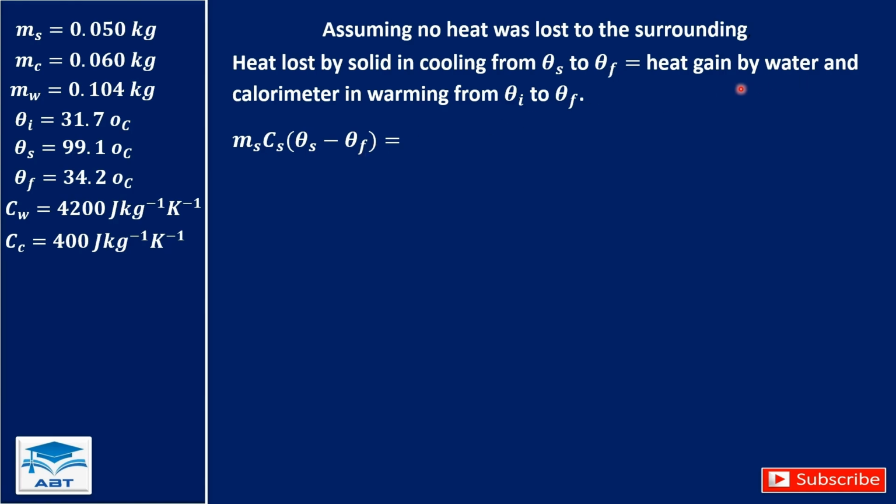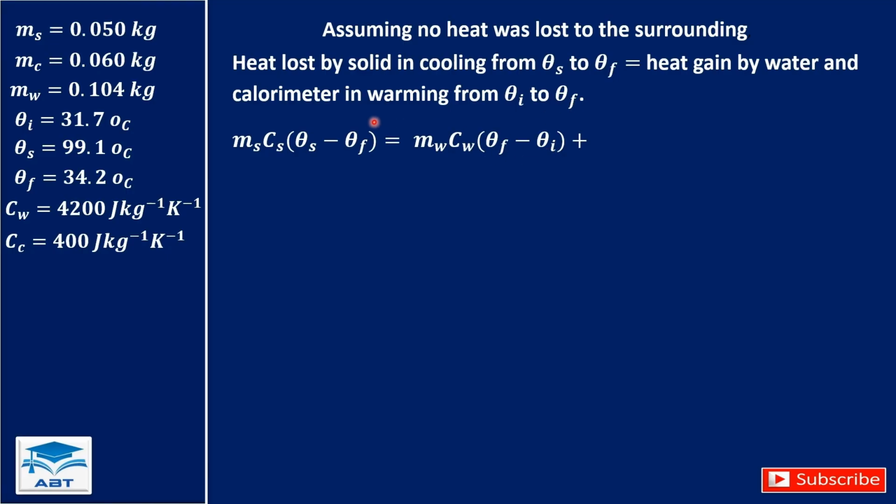Heat gained by water is also given by mass of water, specific heat capacity of water, and the temperature difference between the initial temperature of the water and the final steady temperature of the water. That is the final temperature minus the initial temperature.